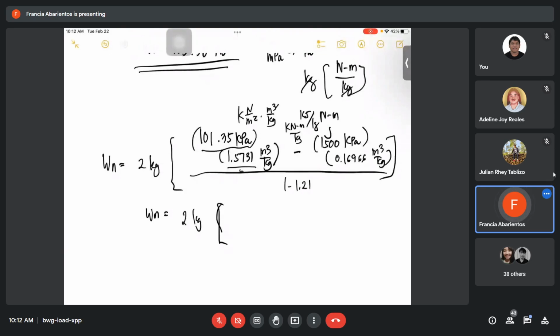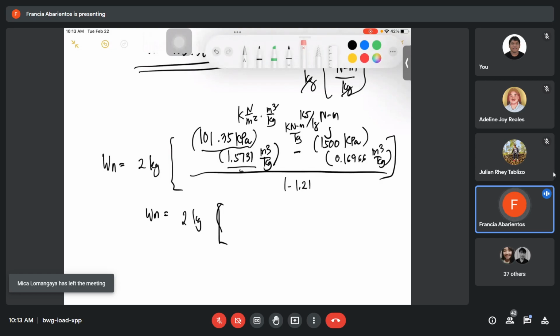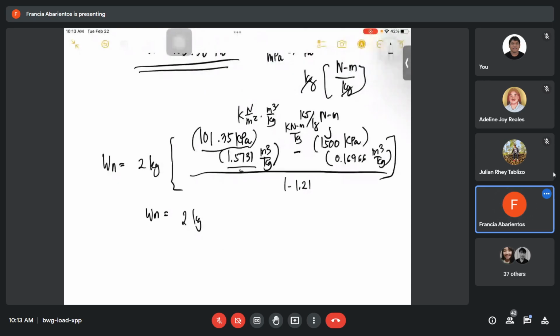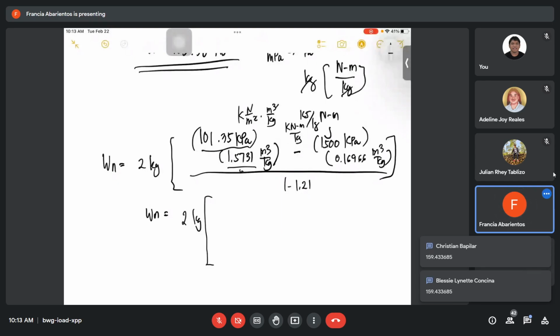So, 101.35 times 1.57. Ilan? Sige nga, class. Ano nyo dun sa chat box kung ano yung answer nyo. Ano yung answer nyo dito? 101.35 times 1.57. Kompletuin muna natin.